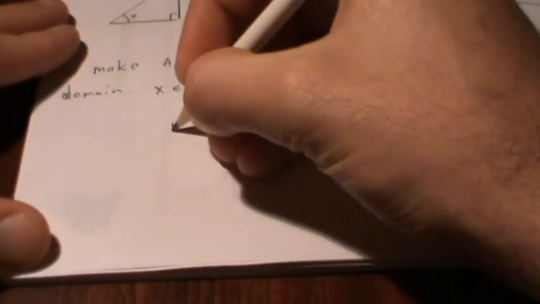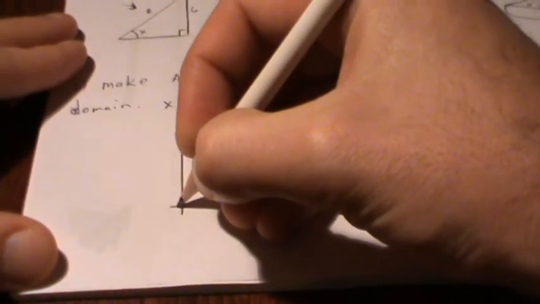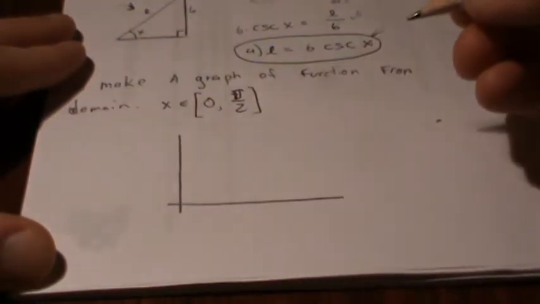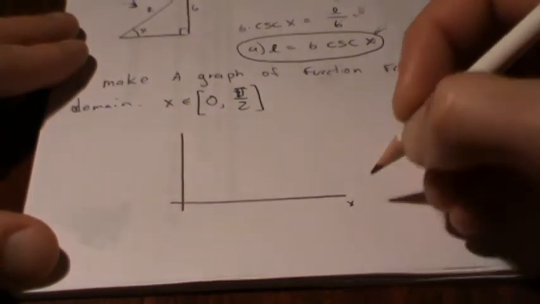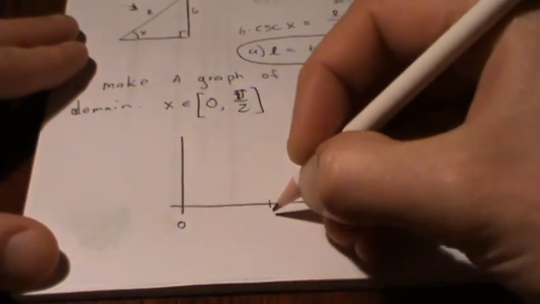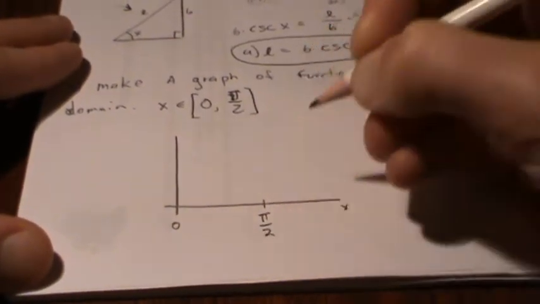So I'm going to be making a graph of this function, and my x values are angles between 0 and pi over 2.